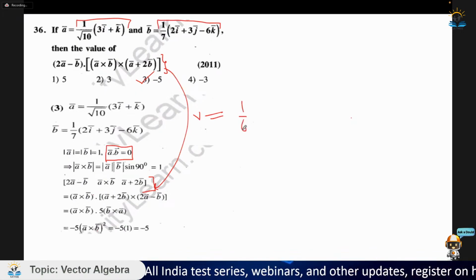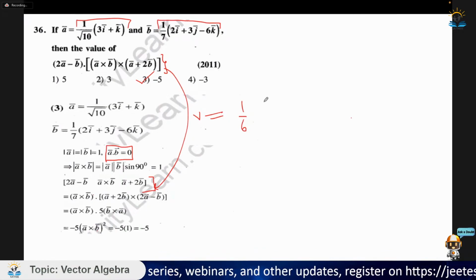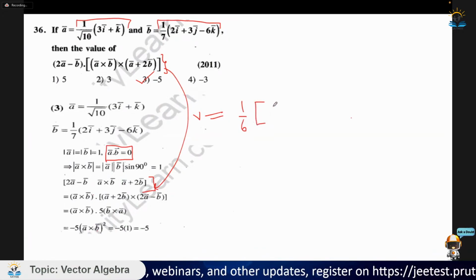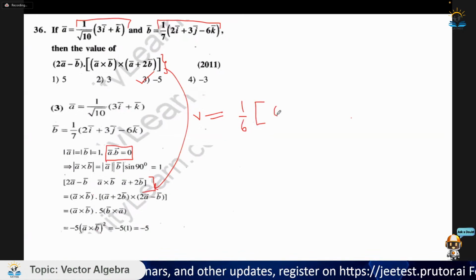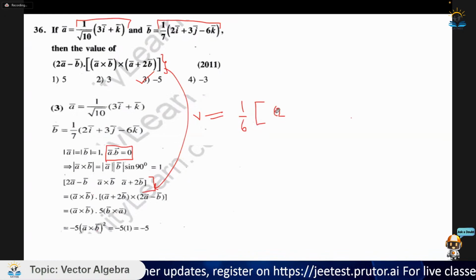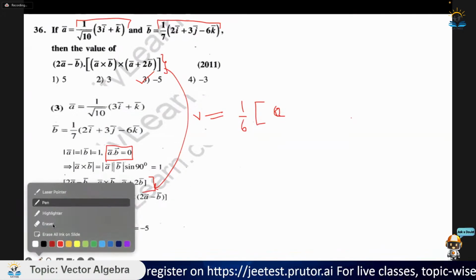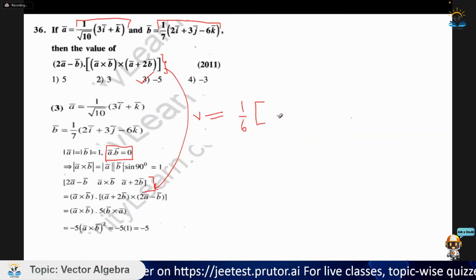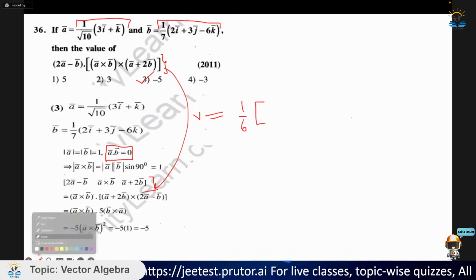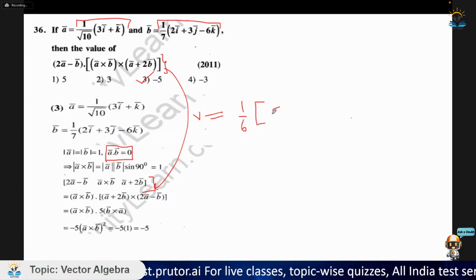6 times of box. So what is box? So volume of tetrahedron: box is the scalar triple product.